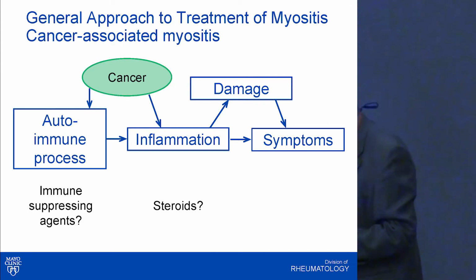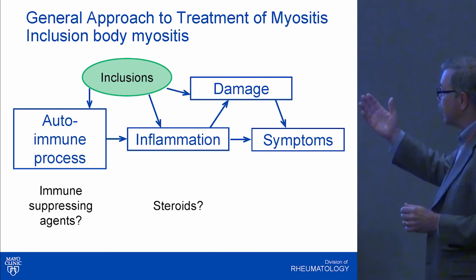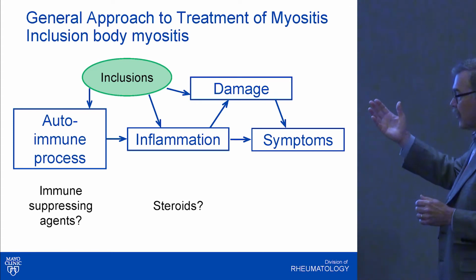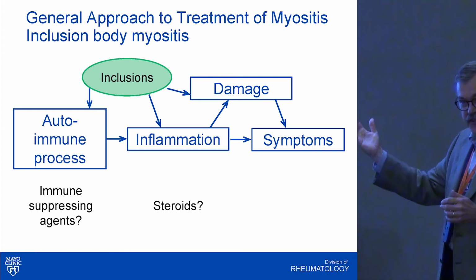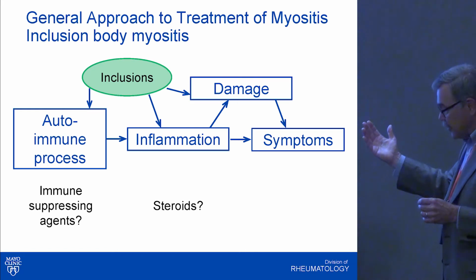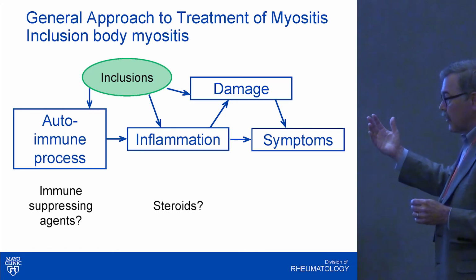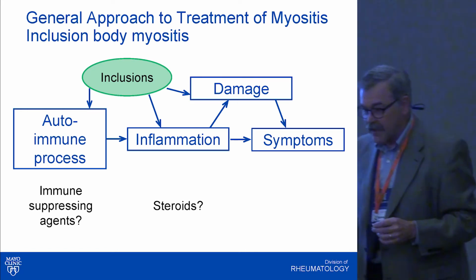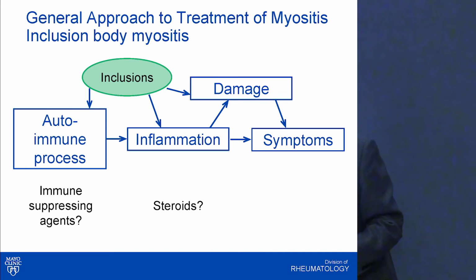So I think the inclusion body myositis patient is in the same circumstance. The biopsy shows inflammation. This is an autoimmune process, but there are these inclusions. And I think the question is, do the inclusions drive the immune system? Do the inclusions cause inflammation directly?